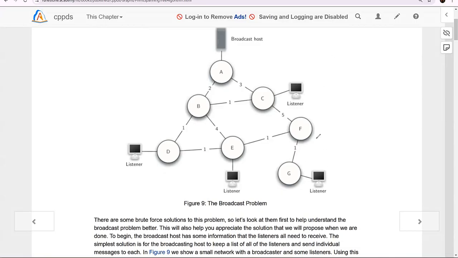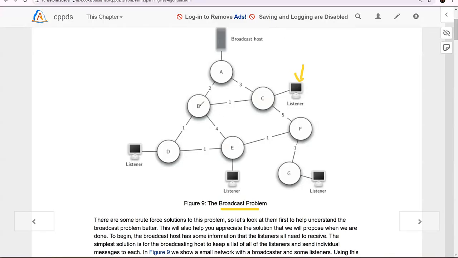Let's not talk about broadcast; let's assume that these are different cities, and you will connect every city. Between each city, there is a construction cost. So if you want to build a freeway network to connect every city, but you don't want to waste your money, then you can use a minimum spanning tree.